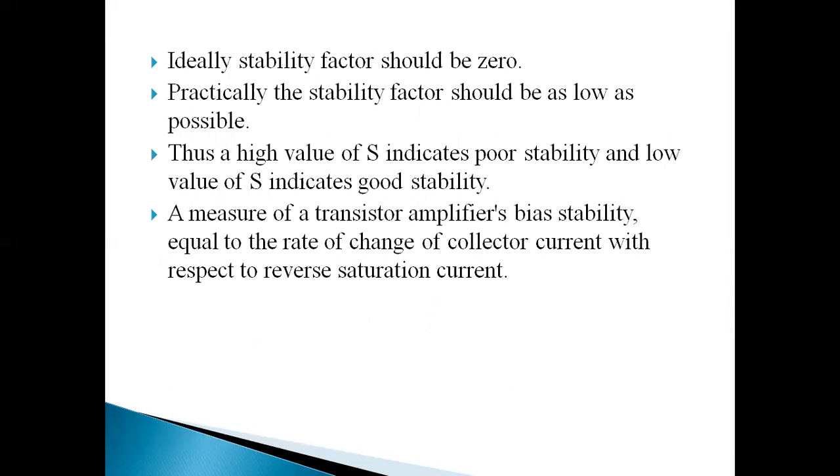The high value of S indicates poor stability, whereas a low value of S indicates good stability. That means the stability factor gives a measure of a transistor amplifier's biasing stability, equal to the rate of change of collector current with respect to reverse saturation current.